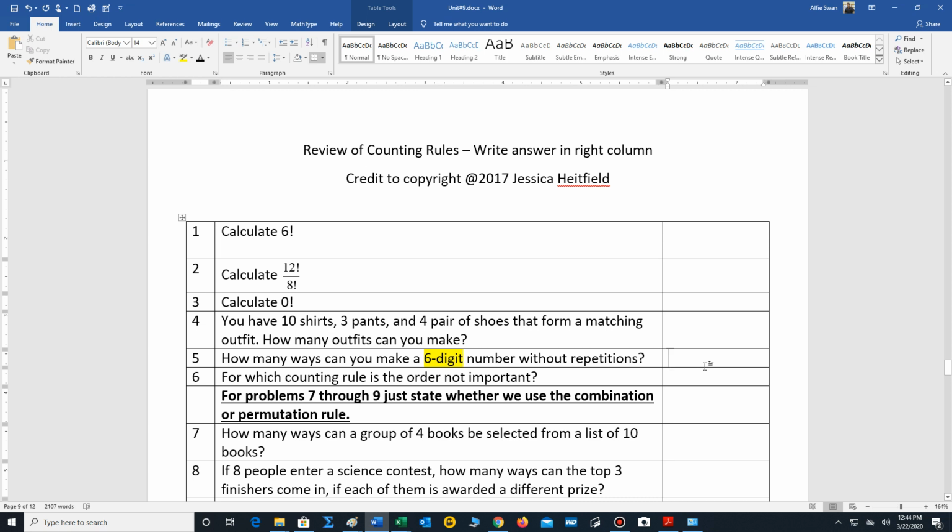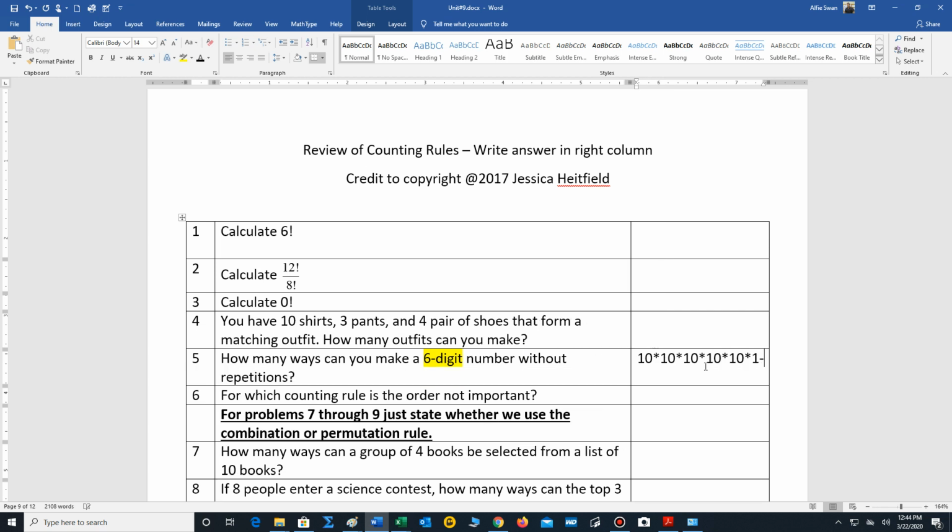So basically, we're taking 10 and multiplying it with itself 6 times, because 6-digit just means you have 6 locations, and digit means that there's always a choice of 10. So we multiply 10 with itself 6 times, and we get our final answer: 1,000,000. So there's a million different 6-digit numbers that are possible.